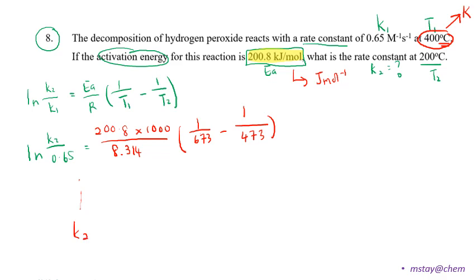You should get the value for K2 as 1.67 exponent negative 7 per molar per second. How do you know this unit? Basically, from here, we follow this one. From this unit, we know that this chemical reaction is second order. Per molar per second is the unit of the rate constant for second order.